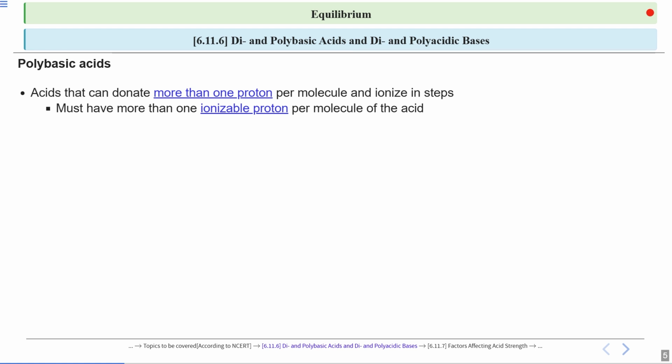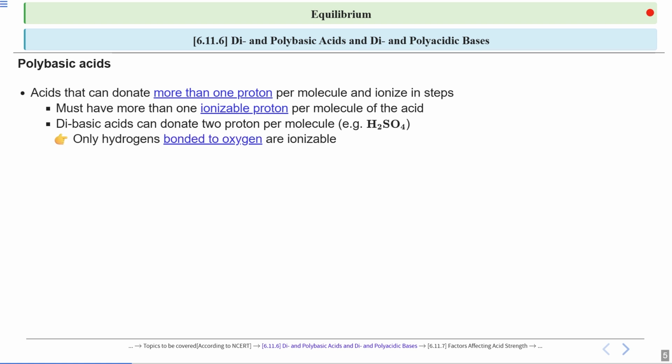No. Only those which have a very specific connection, which is a connection to a specific atom, are considered ionizable, and that connection is to oxygen. Now, this is a general perspective. There may be cases where a hydrogen is ionizable even though it is not attached to oxygen.